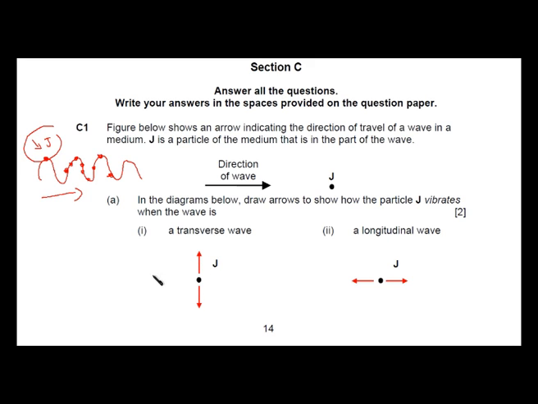So if the direction of the wave is in this manner, then J should be vibrating up and down, because over here it forms a 90-degree angle. So this is perpendicular. And for a longitudinal wave, J is actually vibrating left and right, and this is parallel to the direction of the wave. Alright, so this is how you answer the question.